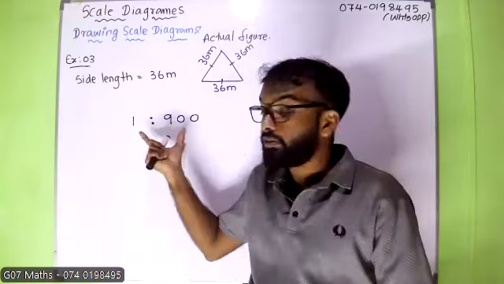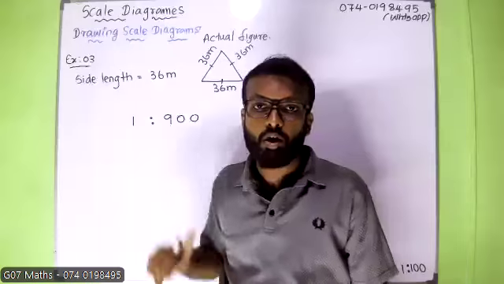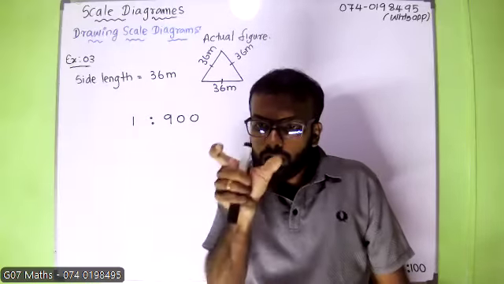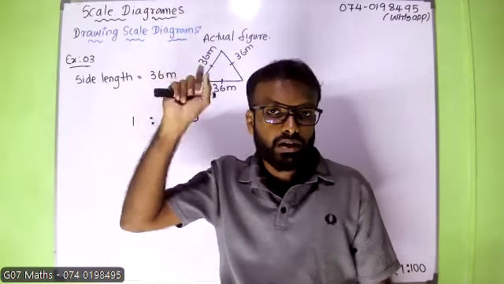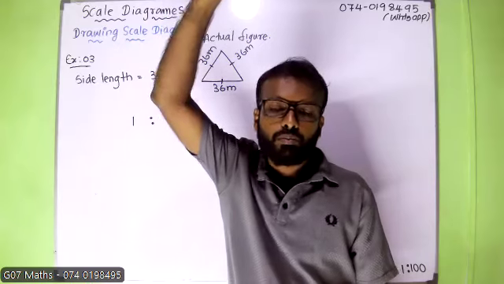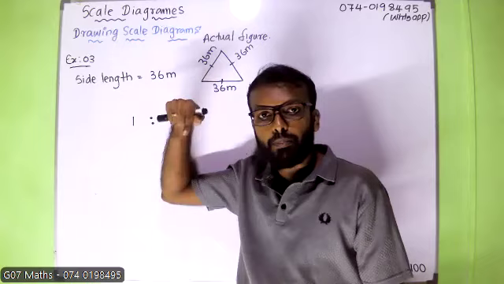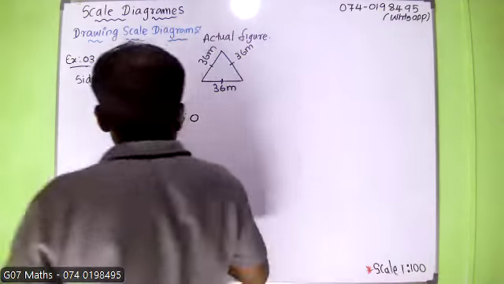Now we have been given the ratio first. Now we are going down to up. In the previous method, we went from up to down. Now we are going up to calculate the scale. Alright. So 1 to 900.